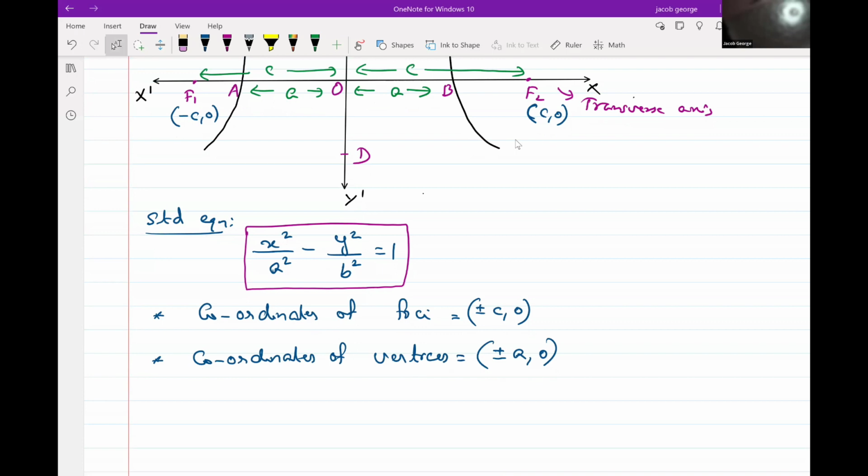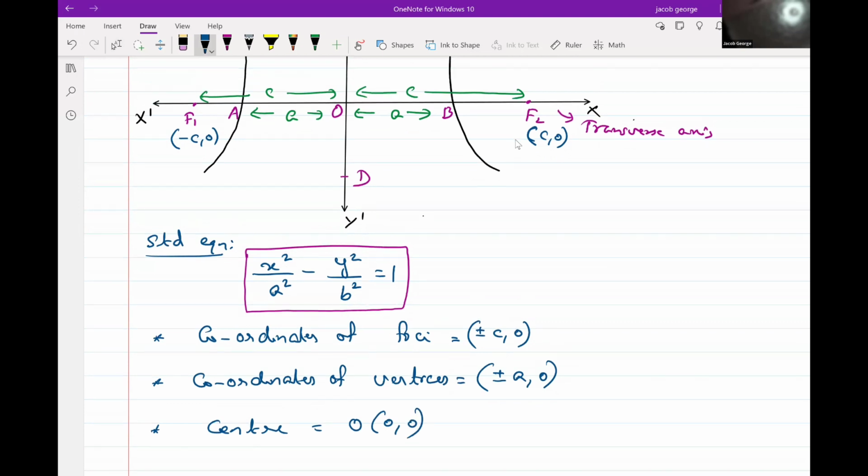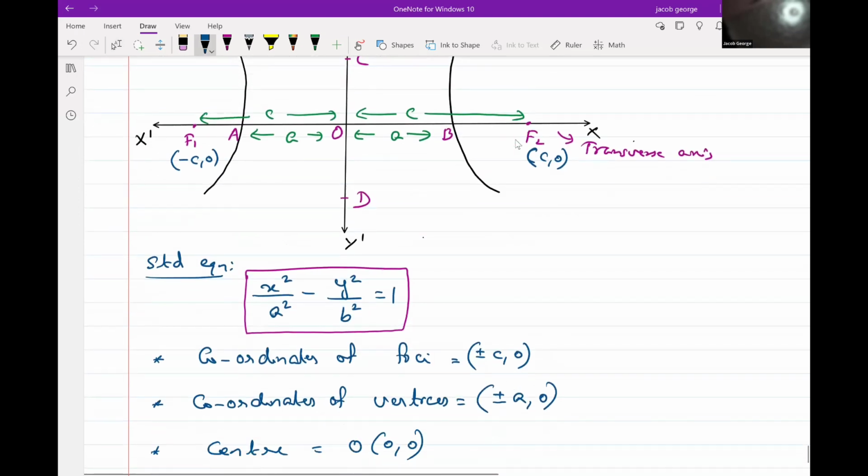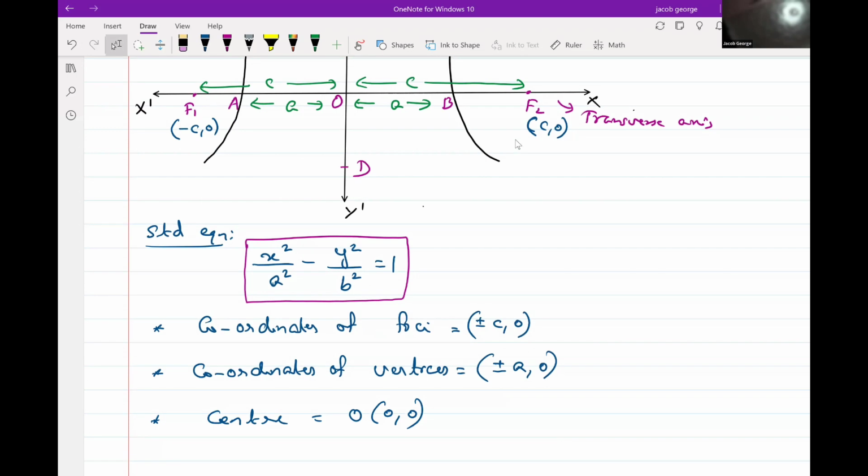Okay, so now the next point is the center. The center of this hyperbola is at the origin, (0, 0). These are the 3 points to be noted. So hope you all understood the type 1 hyperbola and the points are written.